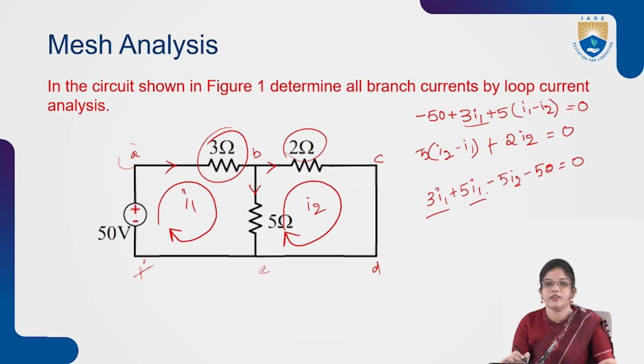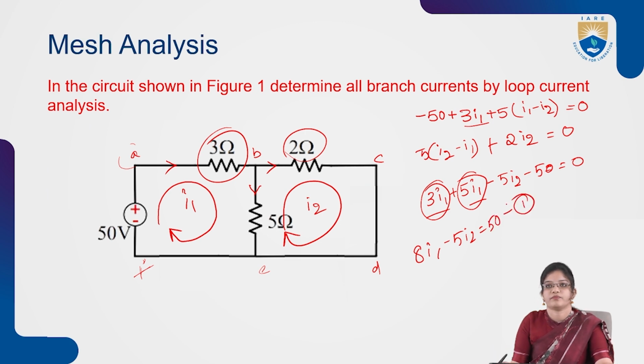If I sum 3I1 and 5I1, I get 8I1 minus 5I2. Taking the minus to the other side, we get 50. So this will be equation 1.